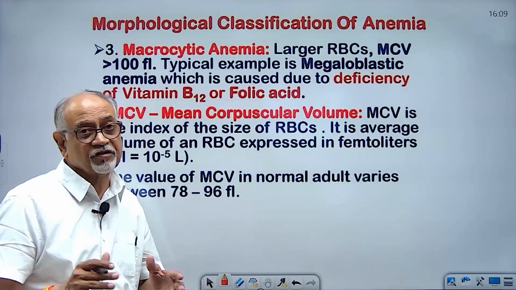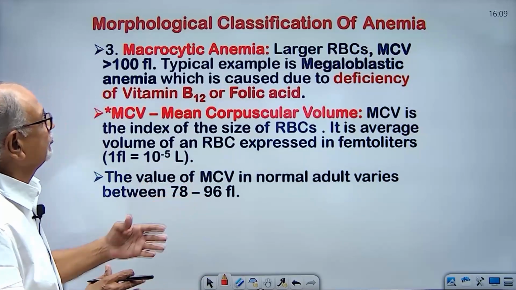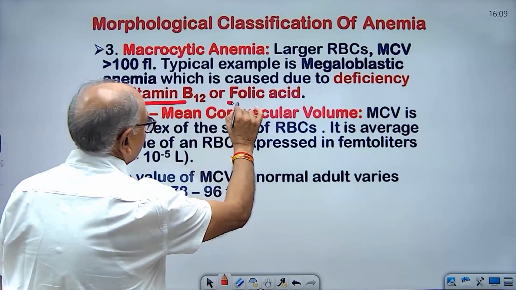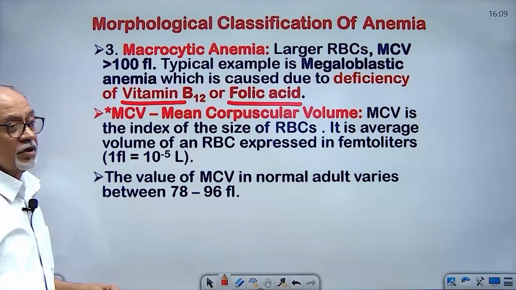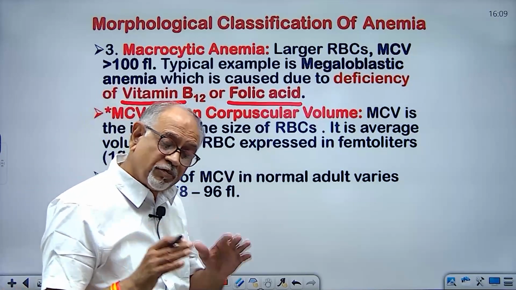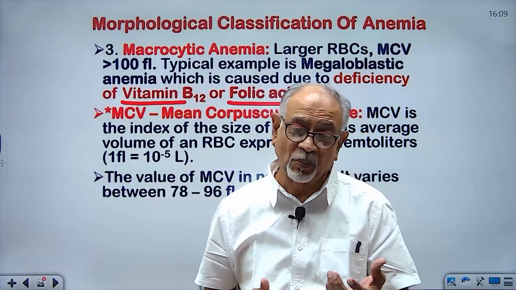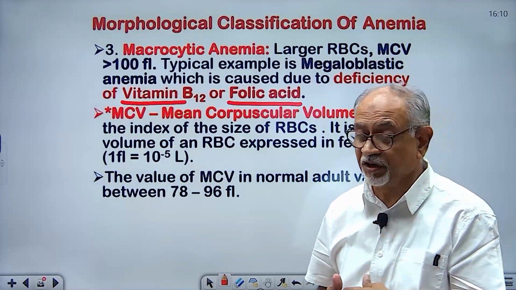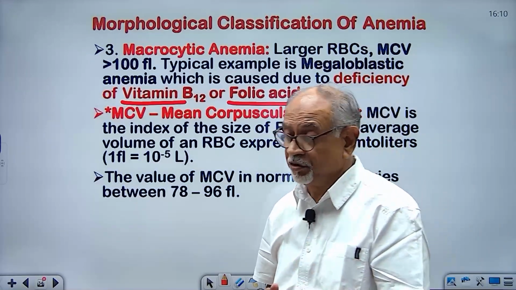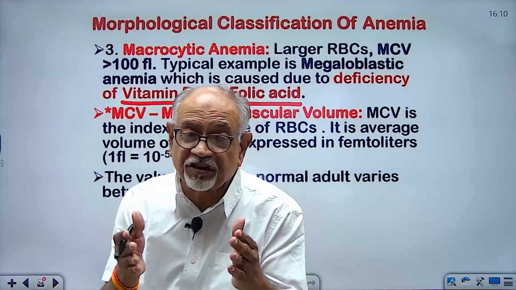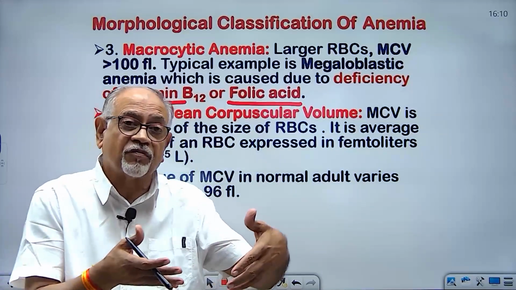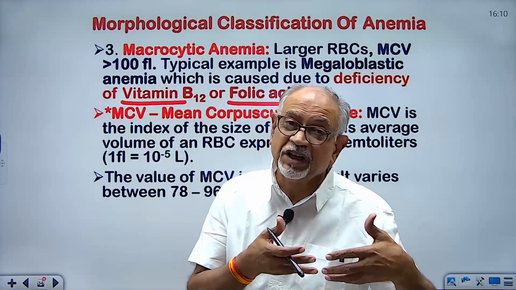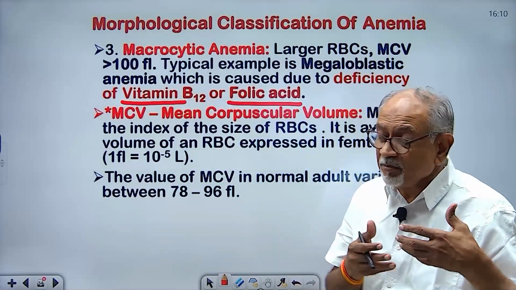But in certain cases, when there is a deficiency of vitamin B12 and folic acid, the RBCs do not mature, they remain in a stage which is larger in size and nucleated. So, when these cells pass through the capillaries of spleen, they are destroyed very easily, causing anemic conditions.